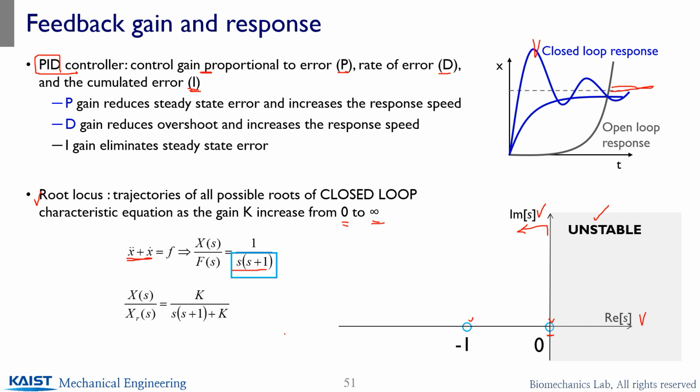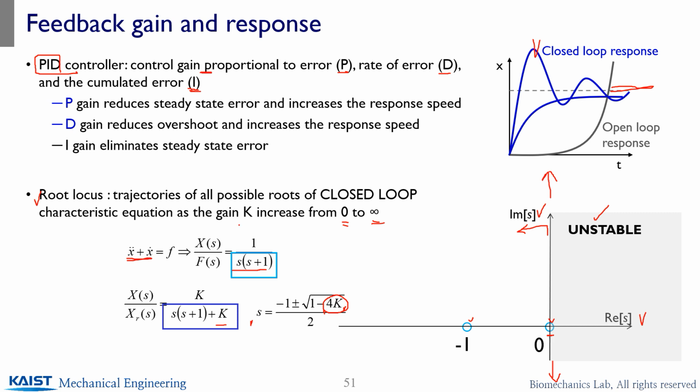If you apply simple P control, your closed loop pole equation now changes to s squared plus s plus K equals 0. And the root of that is formulated this way. As you can see here, if you plug in 0 for K, it's going to match the open loop poles. If you have infinity for the K, where does the value go? This one will have plus minus j, right? So it's somewhere near this infinity axis for the top and the bottom.